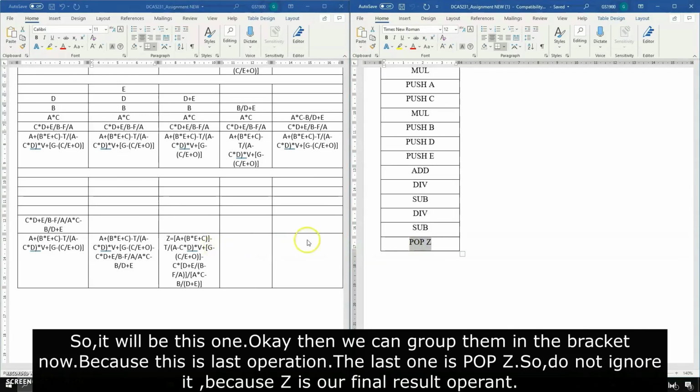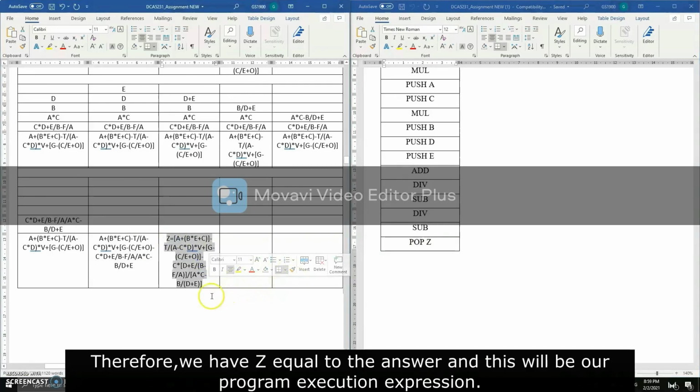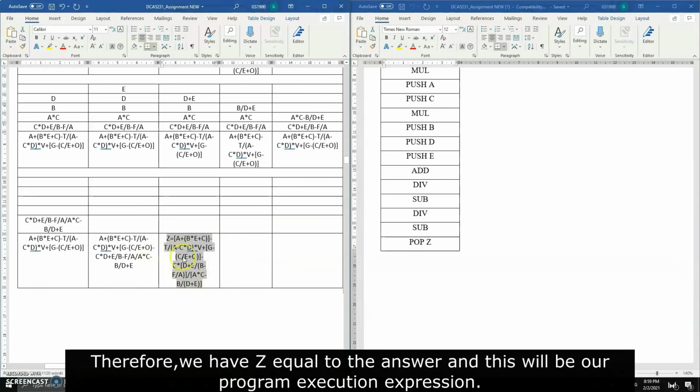The last one is pop Z, so do not ignore it because Z is our final result operand. Therefore, we have Z equal to the answer, and this will be our program execution expression.